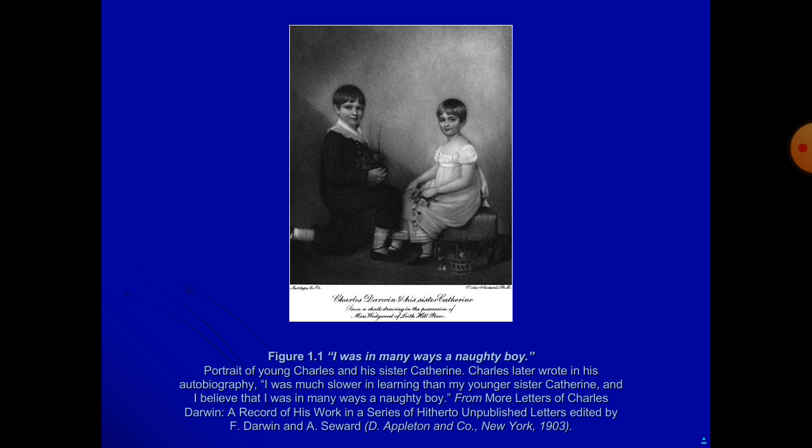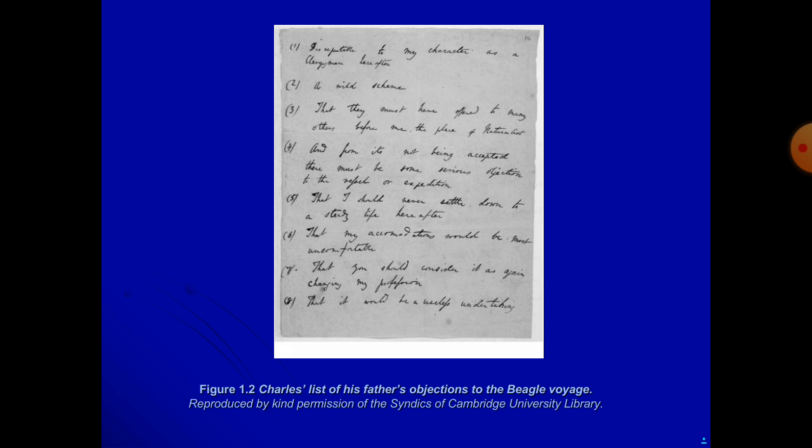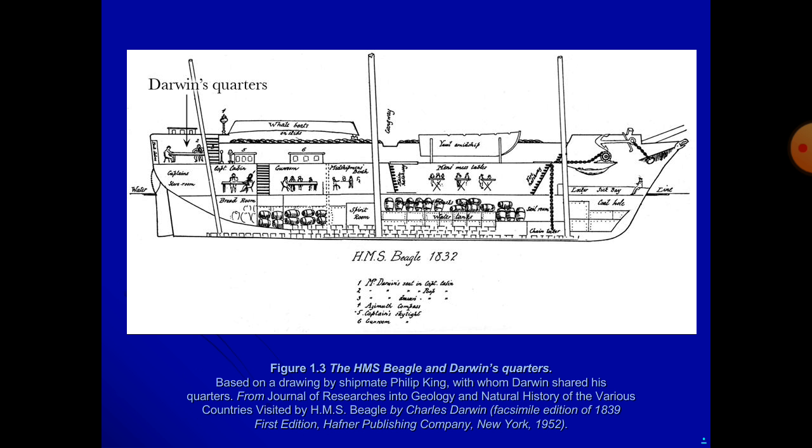Now, this is a picture of Charles Darwin together with his sister Catherine. And this is the list of Charles Darwin's father's objections to the Beagle's voyage. Next, this is the quarter inside the HMS Beagle.